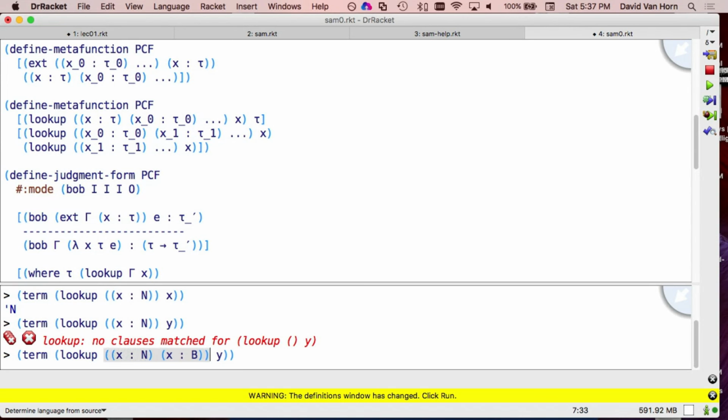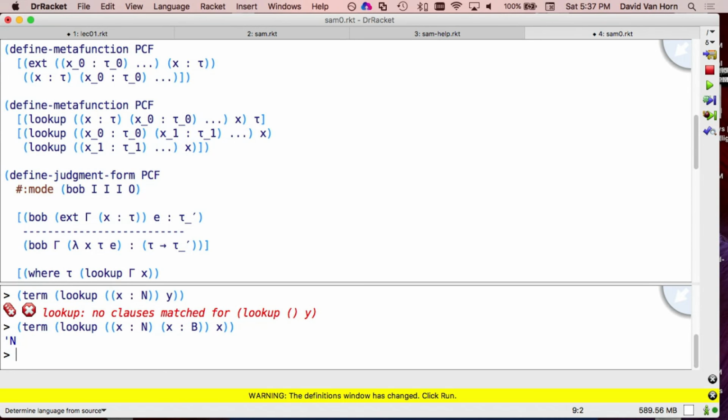So if I've got a type environment where x is both nat and bool, I'm getting the first one. In fact, I can write unit tests, which I recommend. So I can write things like, here, let me copy and paste.